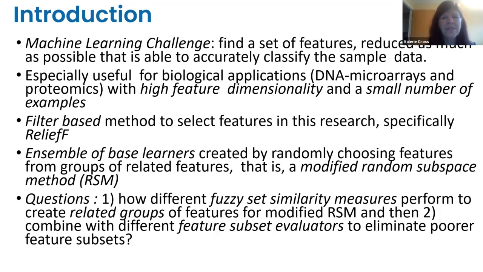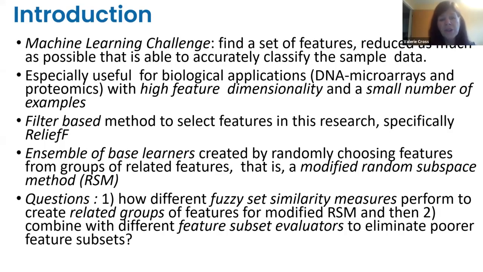The difference is, instead of randomly picking from all the features that Relief F gives you, you group them into similar features and create groups, and then randomly pick features from those groups, because you want to reduce redundancy in the feature selection and have more variety in the features that you select.